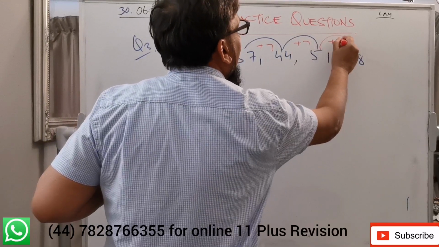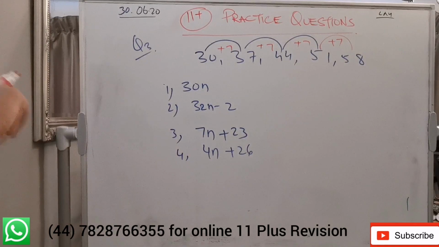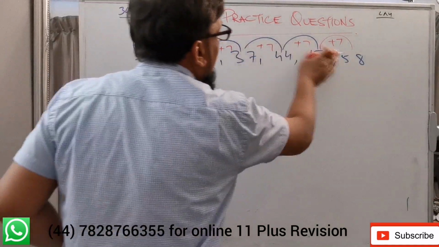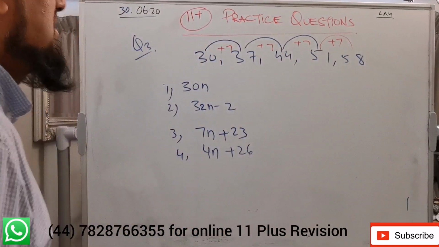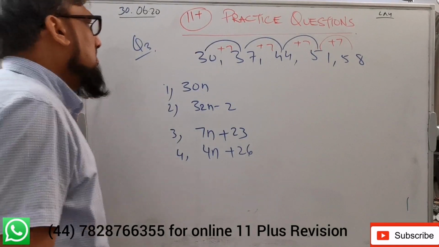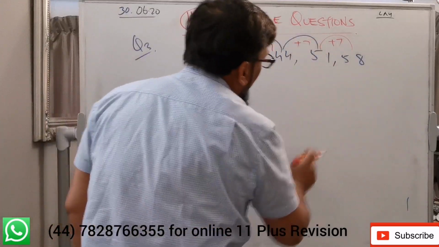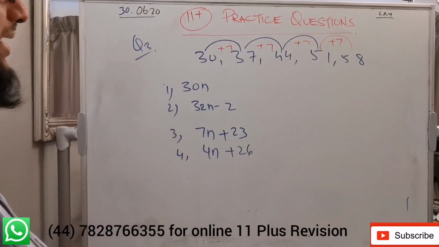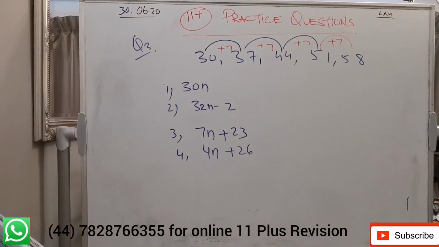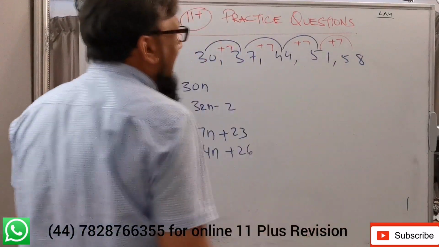Okay, so first thing on this, every sequence you need to check: either increasing or decreasing. We check this is increasing by 7, which is an arithmetic sequence. So the rule is that first you need to find the difference, as per my previous video on how to work out the nth term.